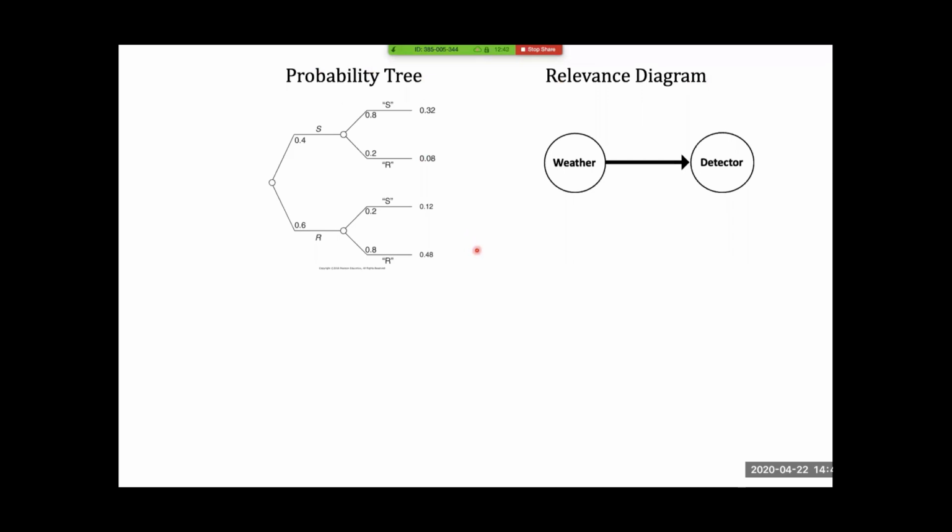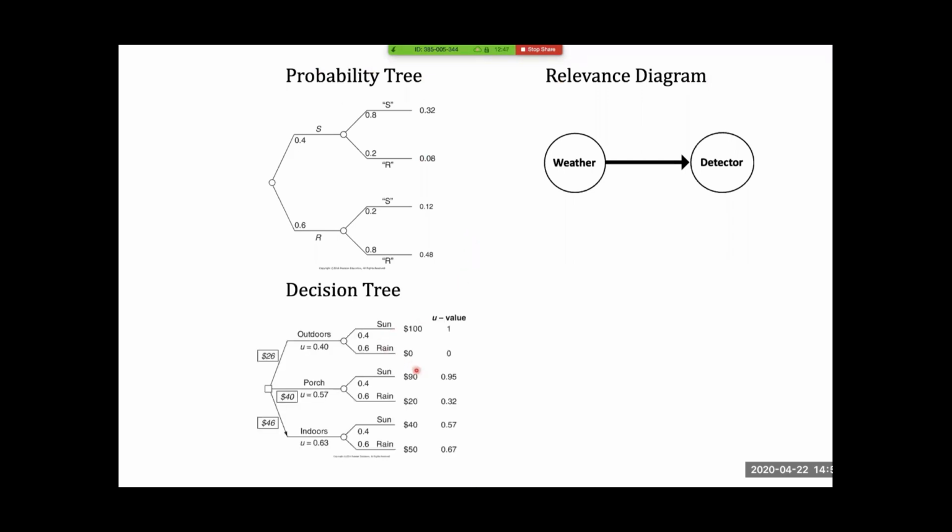Then later on, towards the second half of the semester, in recent classes actually, we learned something called a decision tree. Comparing the decision tree with the probability tree, we notice that it is richer in a very distinct way: we include some nodes that represent a decision node, and all the branches out of the node represent alternatives of the decision.